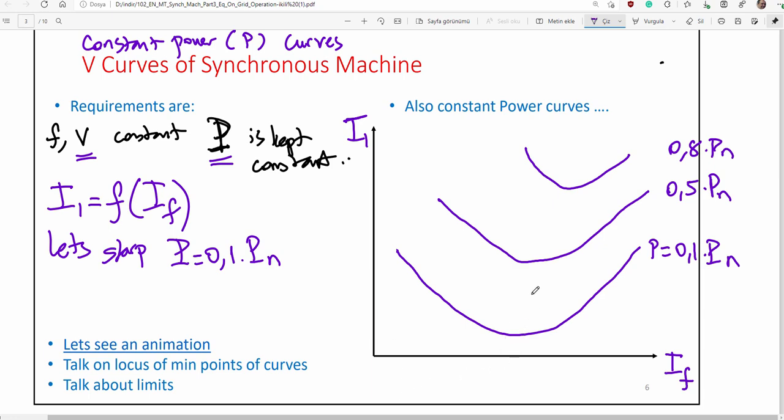During that operation, you observe there is a minima point here, and the minima point is moving towards the right, and the minima looks like a no load curve.